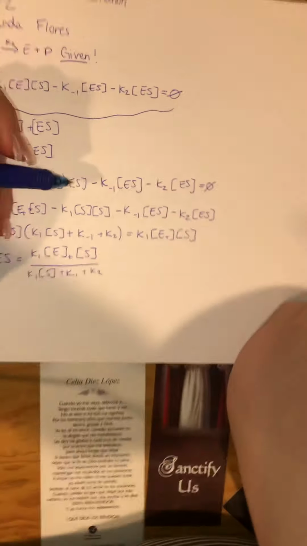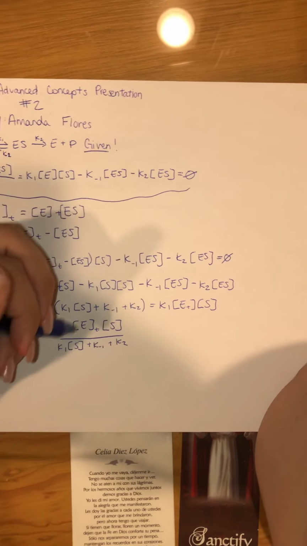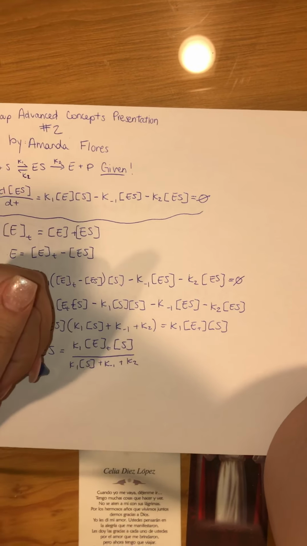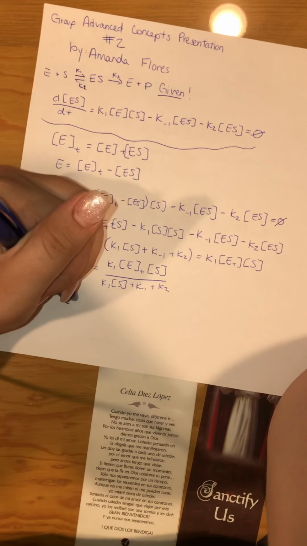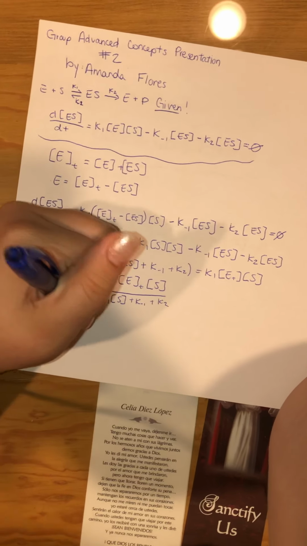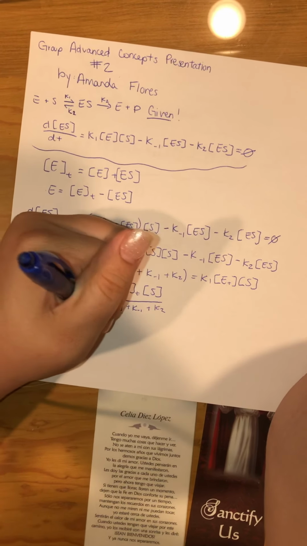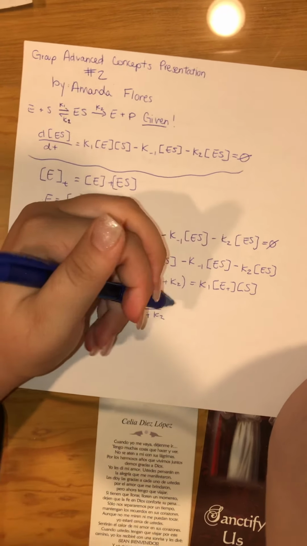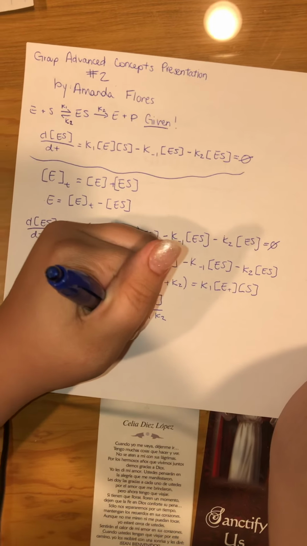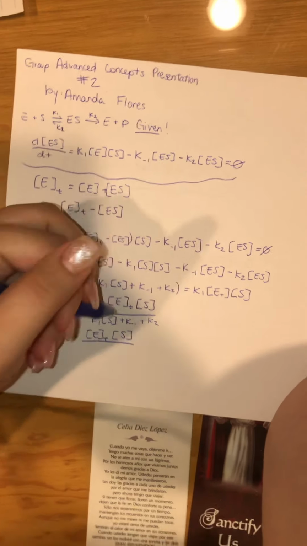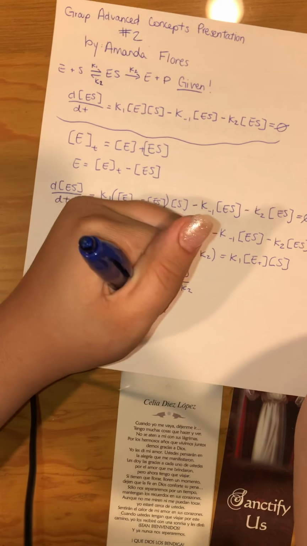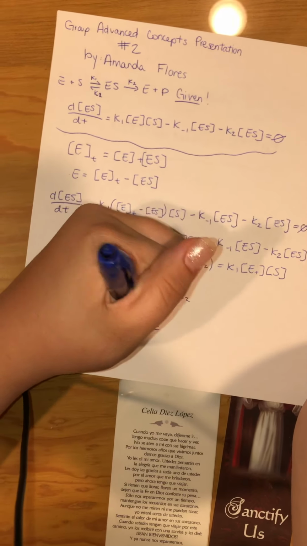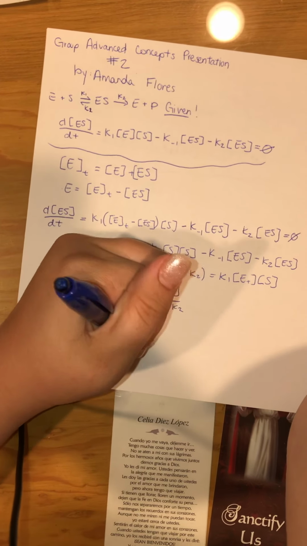Okay, so now simplifying it even further, we get E of S is equal to E sub T times S over S plus K negative 1 plus K2 all over K1.